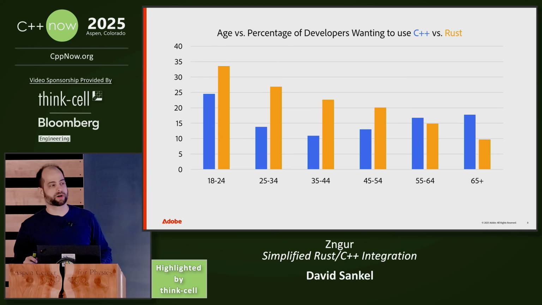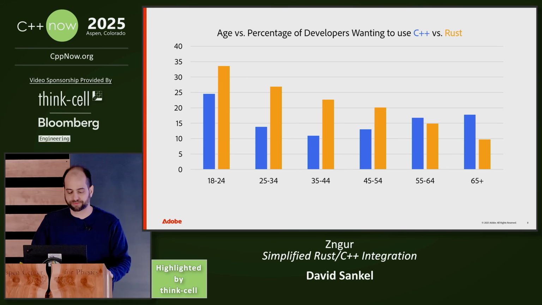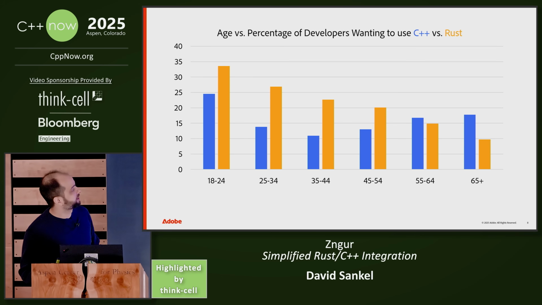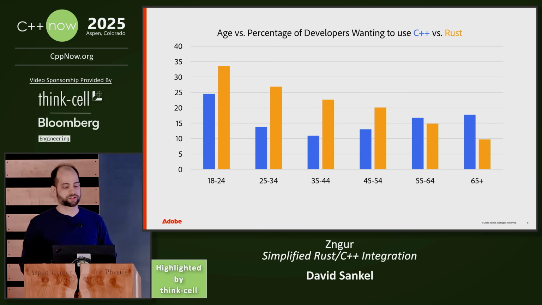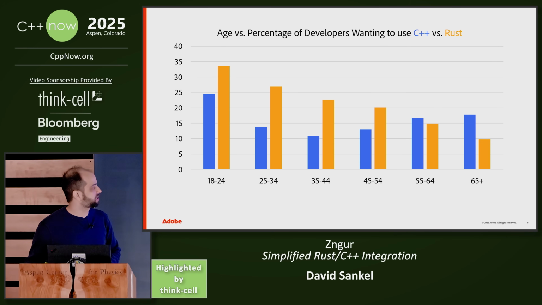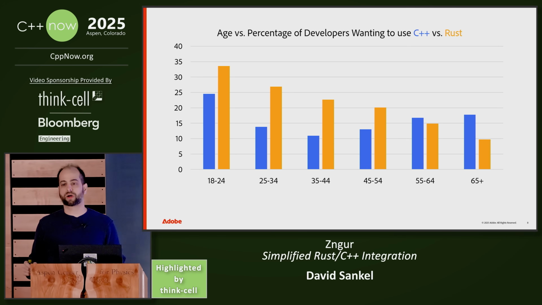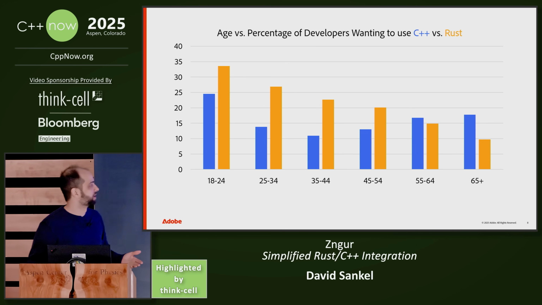Looking at it from a demographic perspective, what you see in the orange is the percentage of all developers that want to use Rust. And in the blue is the percentage of all developers that want to use C++.